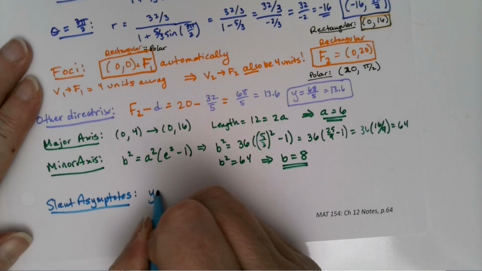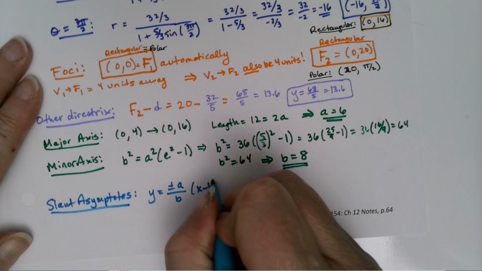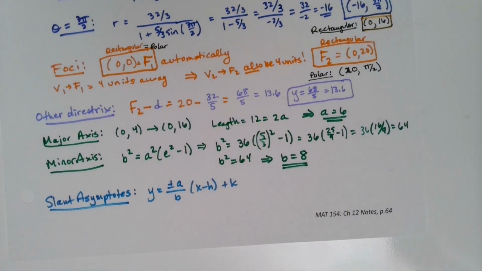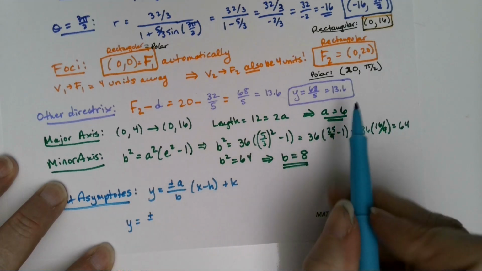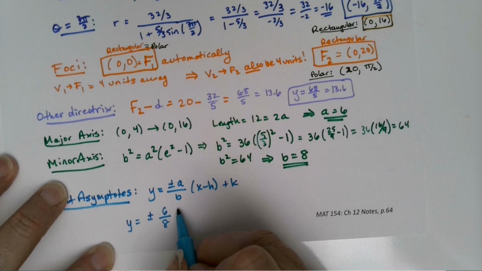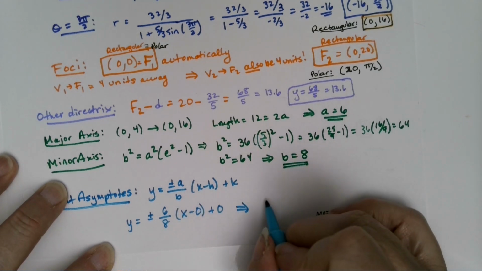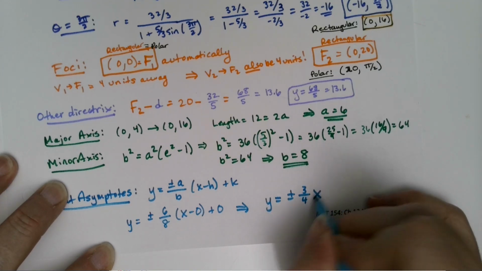So for us, y equals plus or minus 6 over 8, x minus 0, plus 0. That means that the asymptotes are y equals plus or minus 3/4 x.